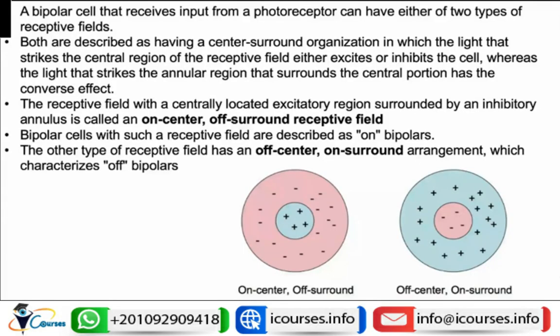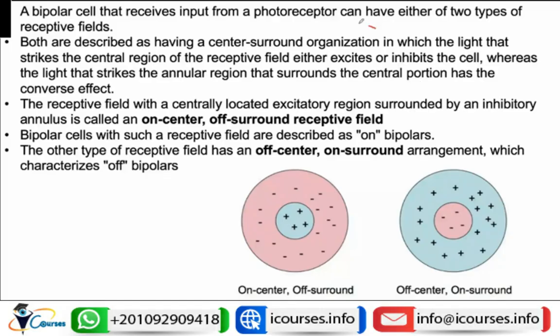Now we come to the bipolar cells. What is the pattern of receiving the stimulus in the bipolar cells? When the bipolar cells receive the electrical impulse from the photoreceptor, they will follow a configuration called the center surround organization.